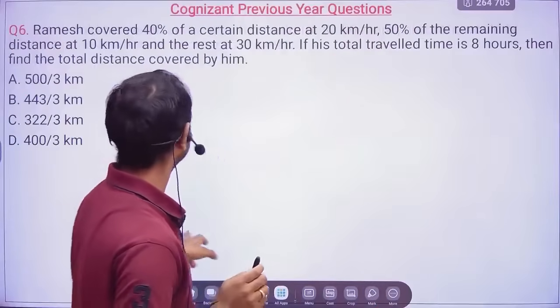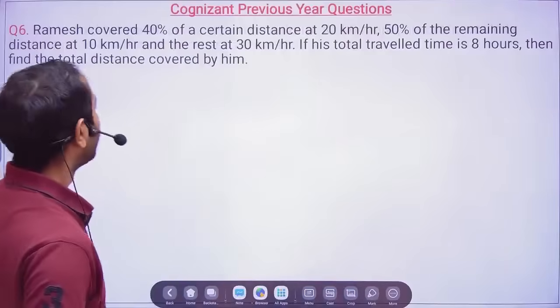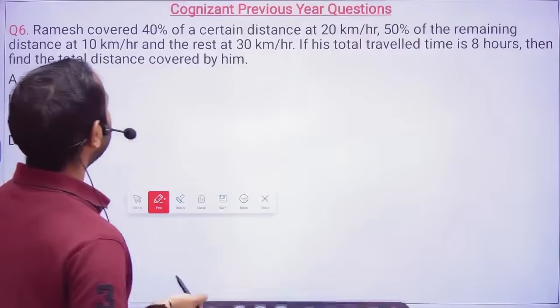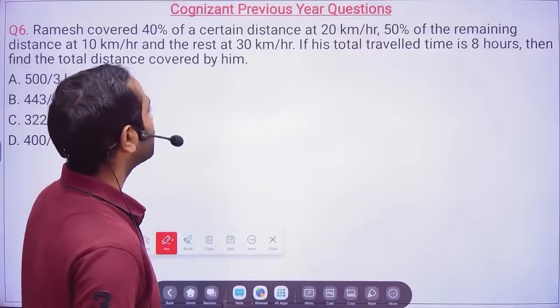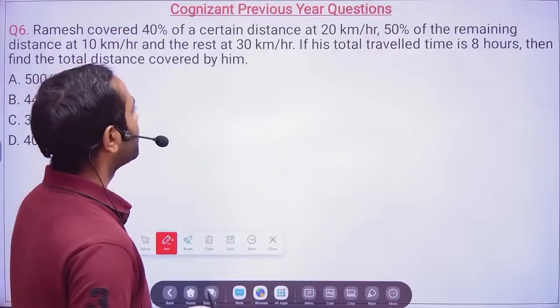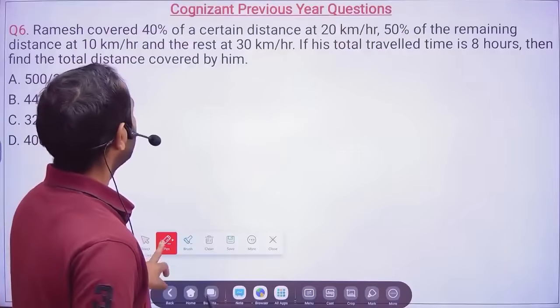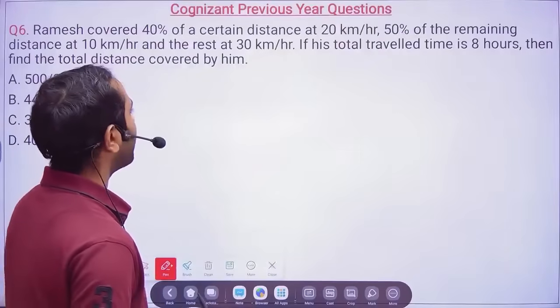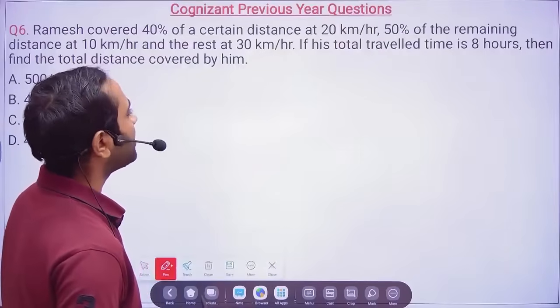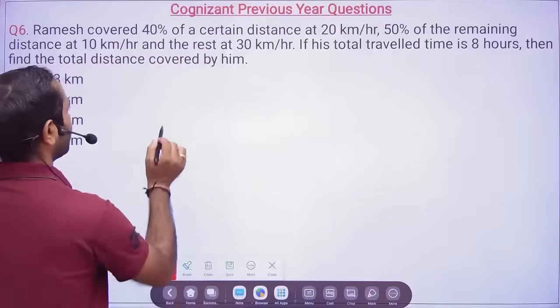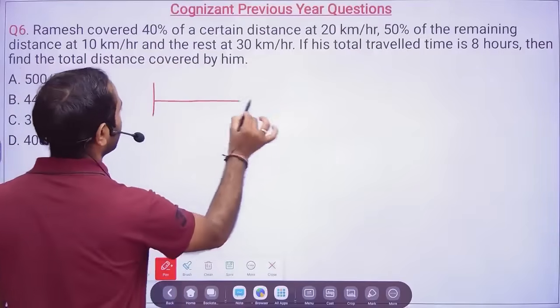Clear? Next. Next is: Ramesh covered 40% of a certain distance at 20 km per hour, 50% of the remaining distance at 10 km per hour, and the rest at 30 km per hour. If his total travel time is 8 hours, then find the total distance. Now please try to understand.